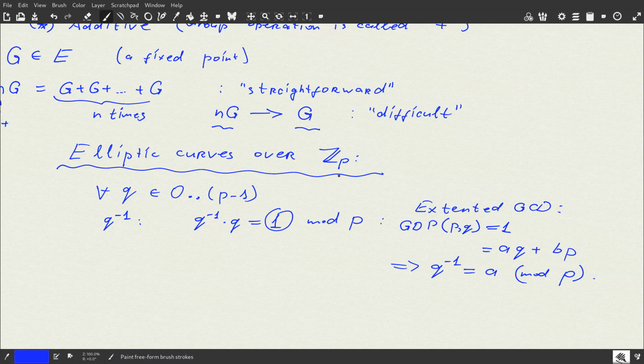In general, a finite field doesn't need to have a prime order. There are also fields, as we mentioned, Galois fields, GF of P to some power n.